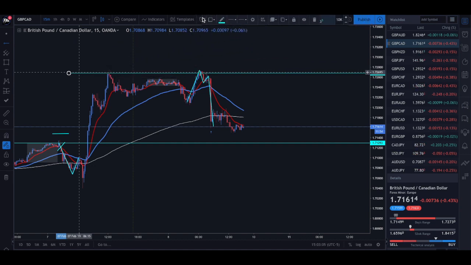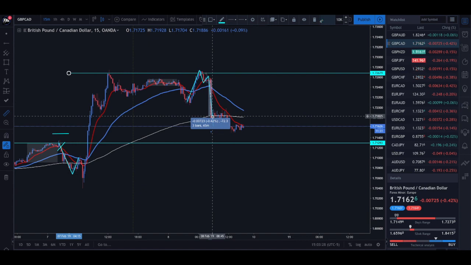Price comes right back to yesterday's high, makes the initial push up to meet the high of yesterday, accumulates some contracts, makes another false move, and then boom, it straight drops. This was an easy trade. One candle, 15 minutes, and you were up 70 pips. Very nice trade.